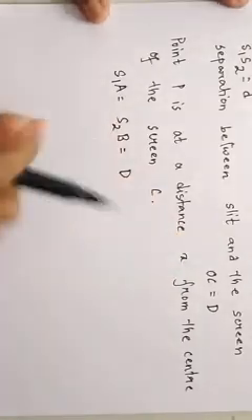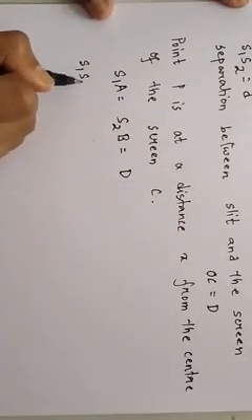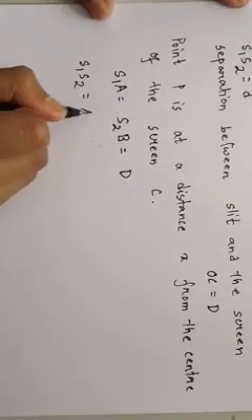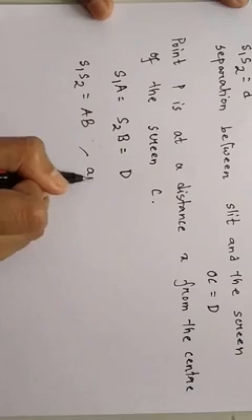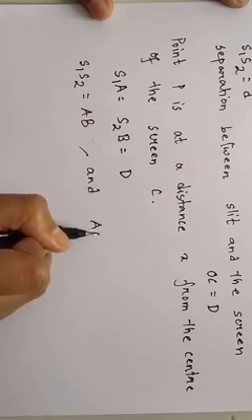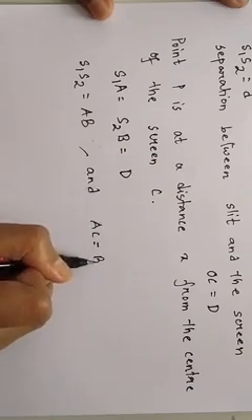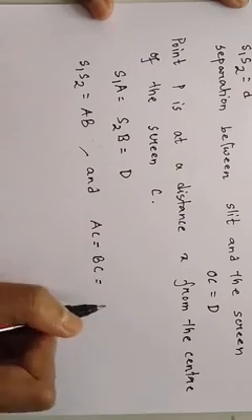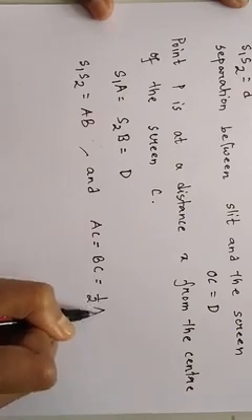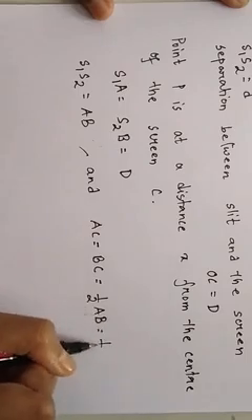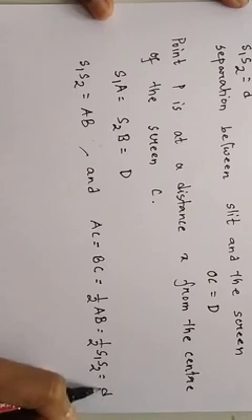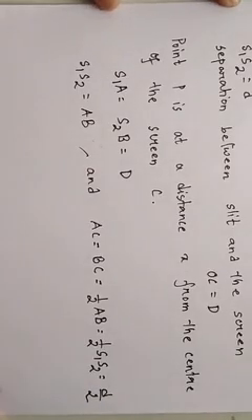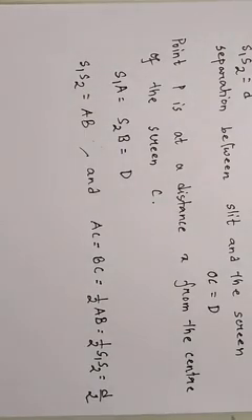So S1S2 equals AB, and AC equals BC equals half of AB, which is half of S1S2, and we know S1S2 is d, so it is d by 2. Now we'll find the fringe width.